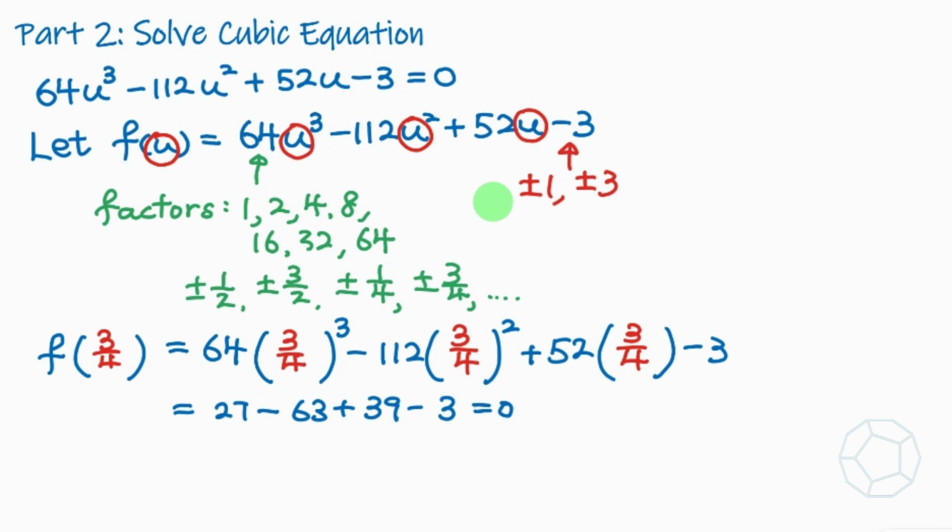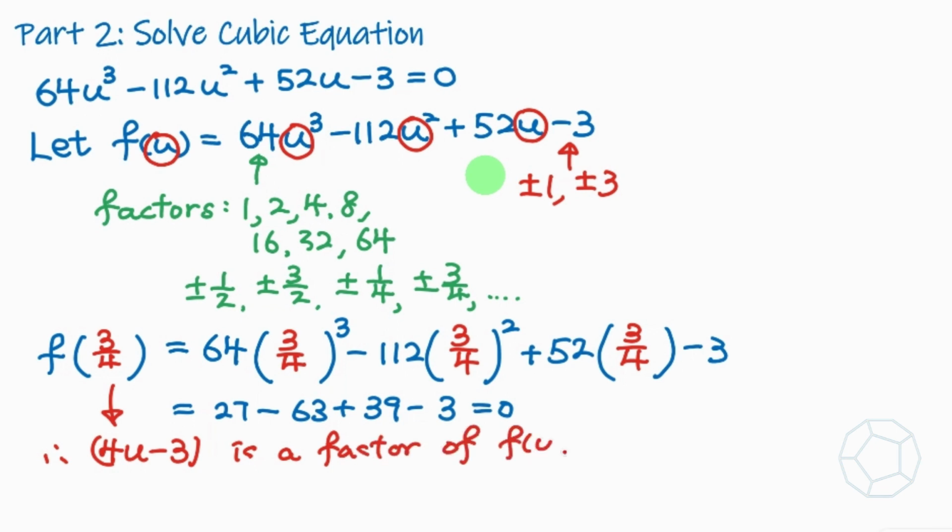Then we obtain a very important conclusion. Based on 3 over 4, we get 4u minus 3 is a factor of the function f of u. This whole process is called the factor theorem.